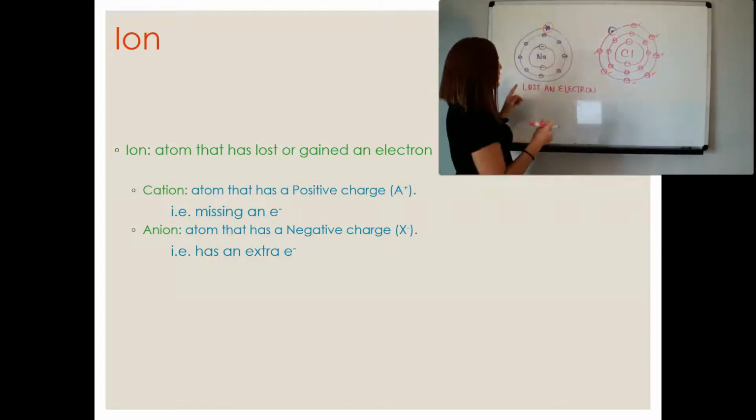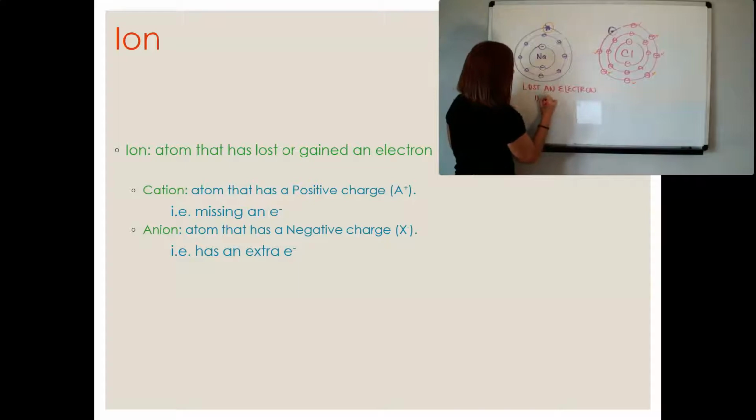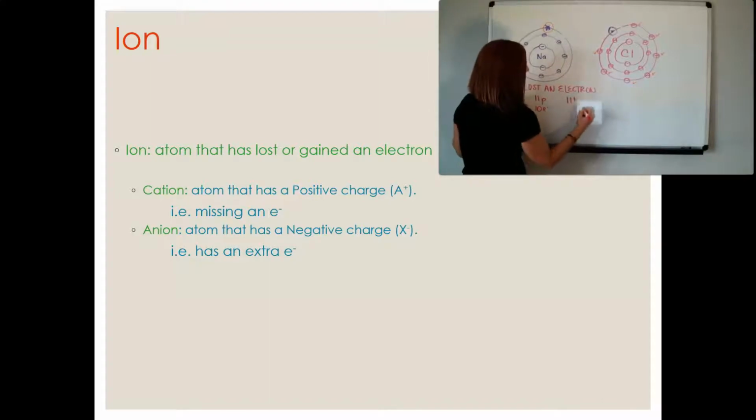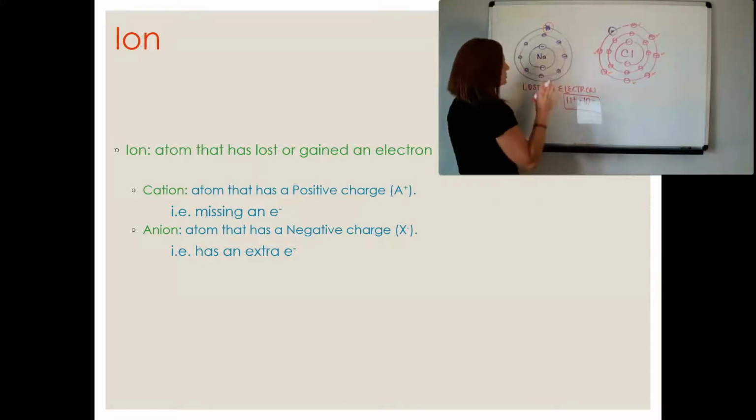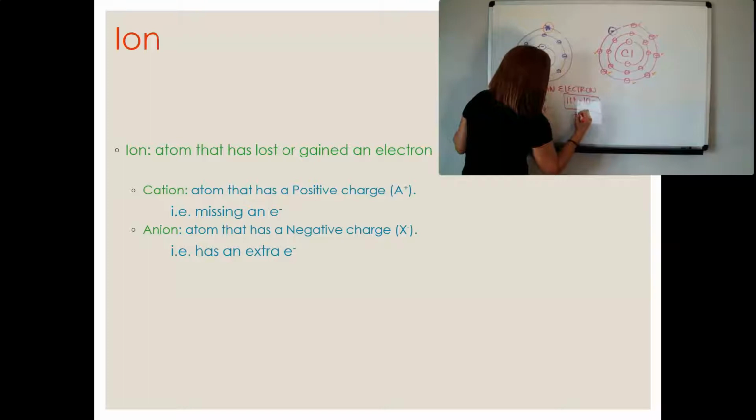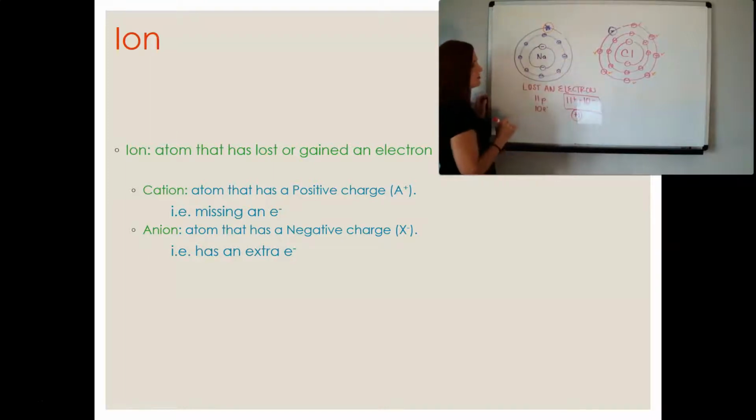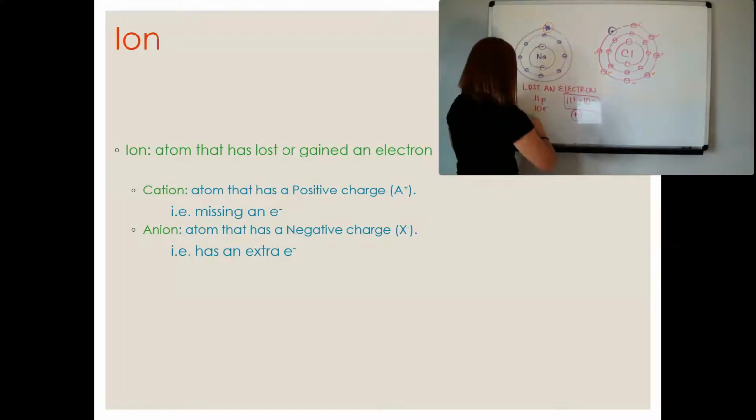So sodium now has 11 protons and 10 electrons, or it has 11 positives and 10 negatives. So all together, sodium is now a +1 charge. And we call this a cation.